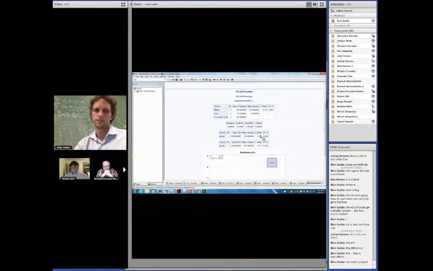It's the percent of the variation in the original observations that's explained by the separate means model.